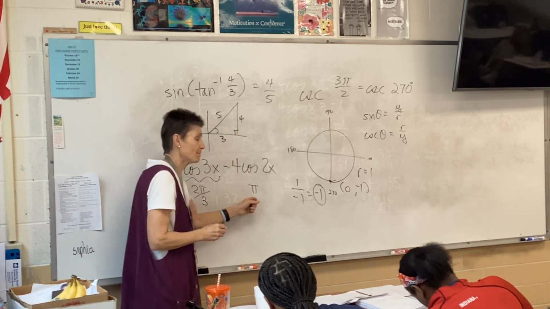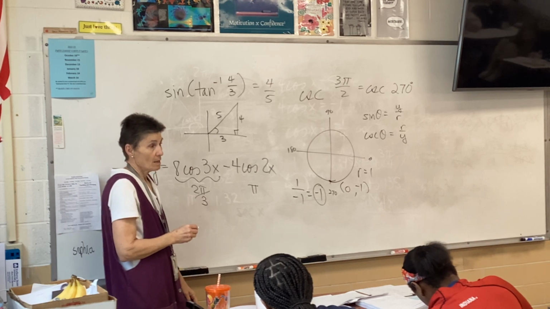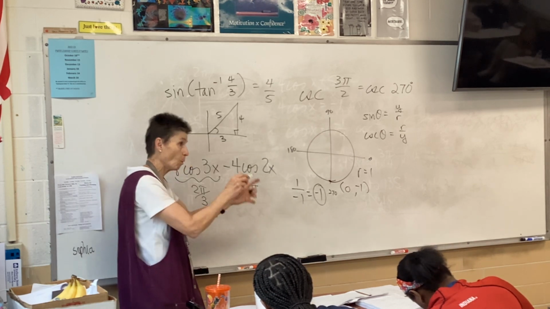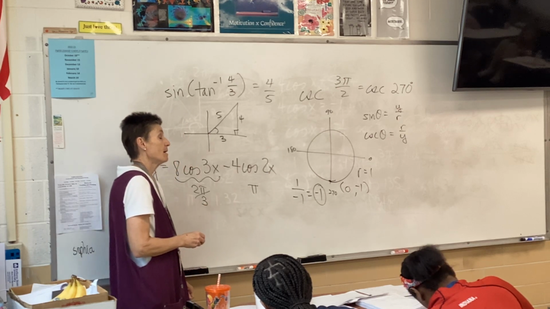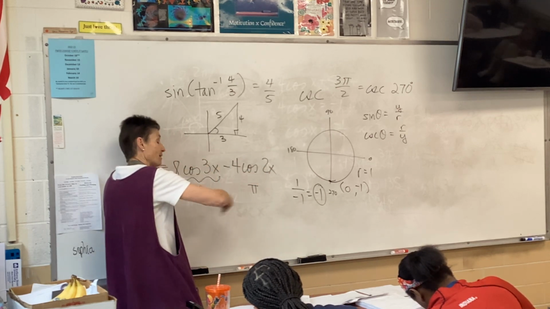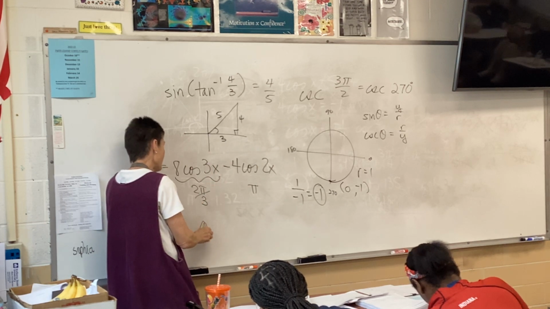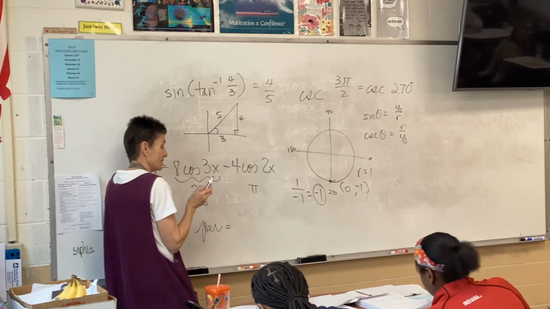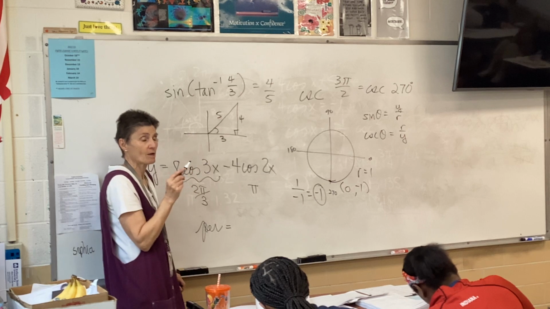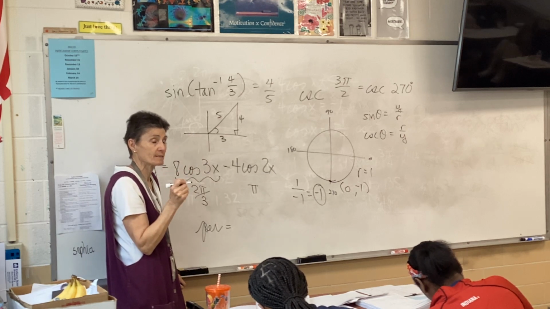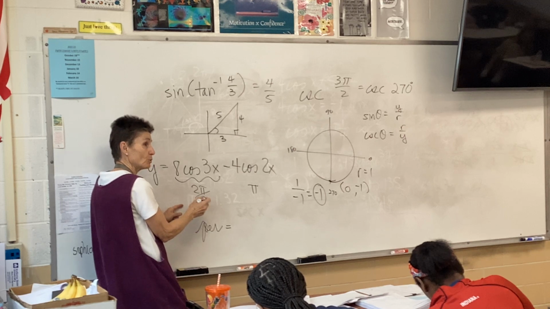Since these are not the same number, it is not sinusoidal because they aren't the same number. So the y part of that is they're not the same period. This is a periodic thing though. It does have a period. And its period is going to be the first time that both curves are starting over at the same place. So this one is starting over every 2 pi over 3.